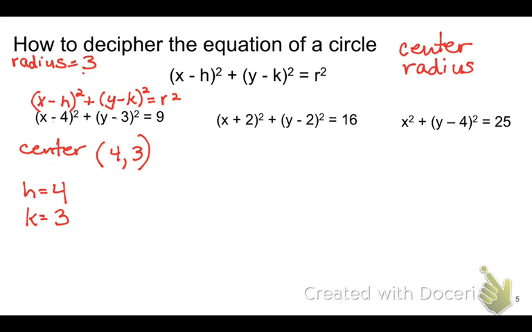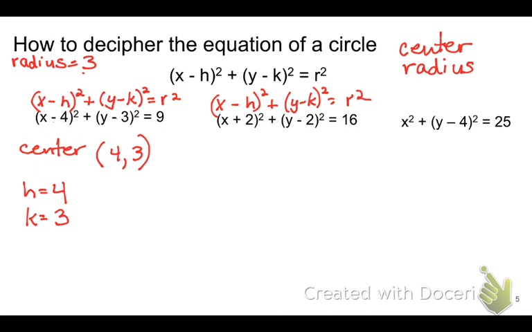Very easy. Now, the potential for confusion is in those signs, the two minus signs, so let's look at what happens here. We have x minus h squared plus y minus k squared equals r squared.